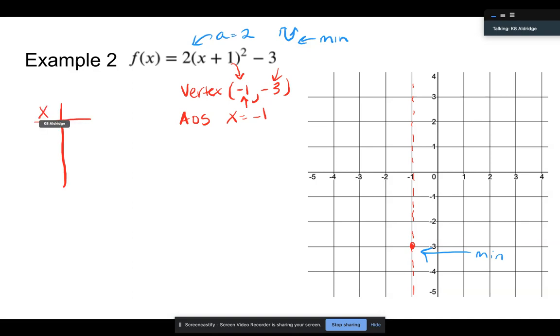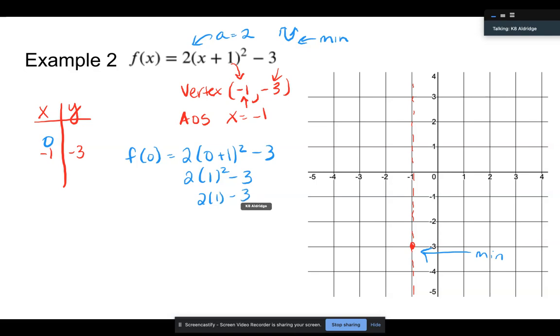So let's find some more points. We have our x and y. The first point we know on a graph is -1, -3. Ooh, let's go find our y-intercept right away at 0. So f of 0 equals 2 times 0 plus 1 squared minus 3. 2 times 1 squared minus 3. 2 times 1, 2 minus 3 is -1. So we have f of 0 equals -1.